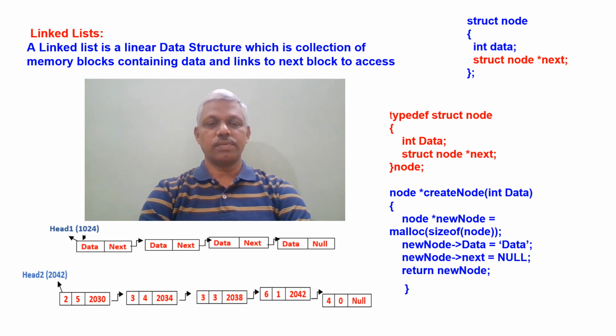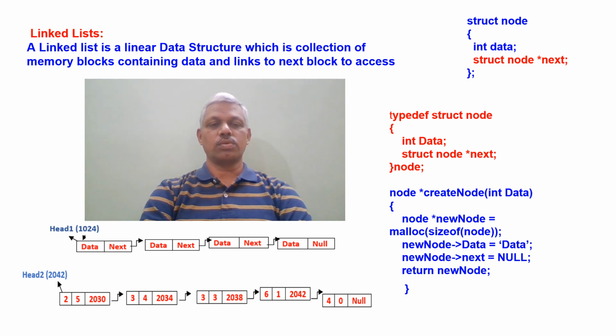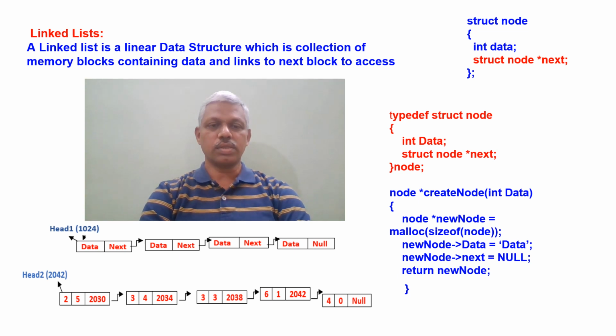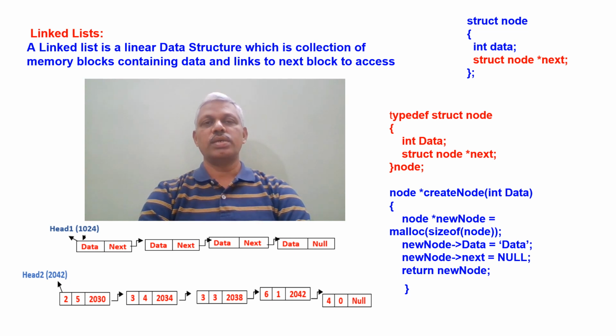Here is an example. Head 2 is taken here with 2042 as the memory address. So 2042 is the starting memory address of the first node that is created, and the data present in the first node is 25, and 2030 is the link, which is the starting memory address of the next node. So the memory address is stored here in the next variable.